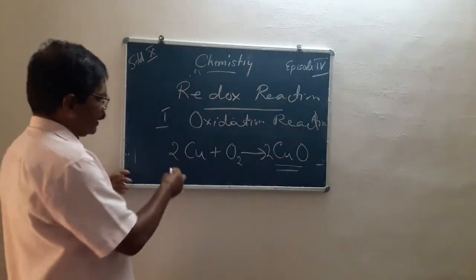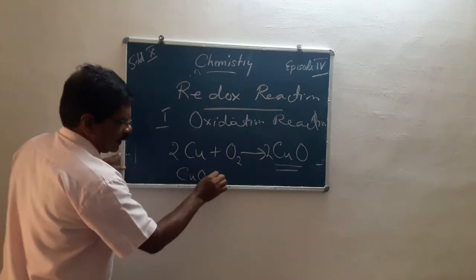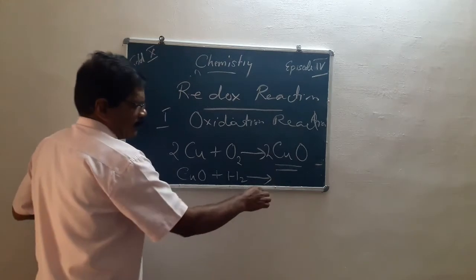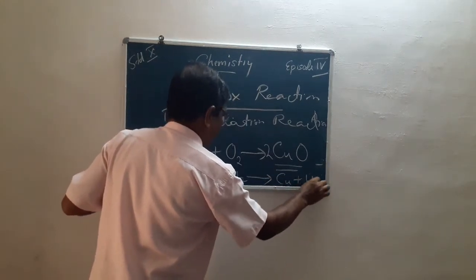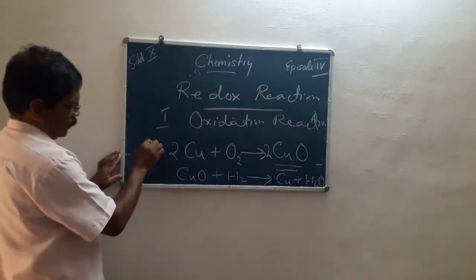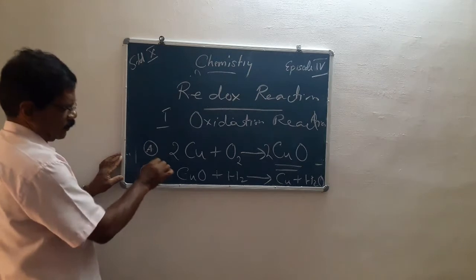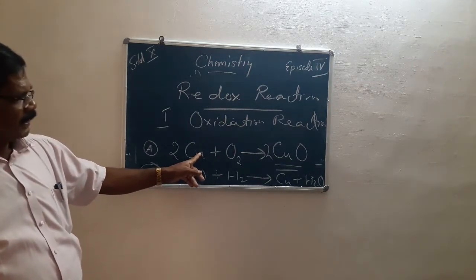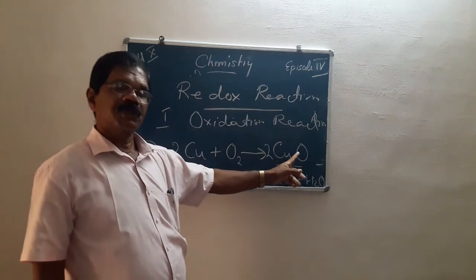Then there is another reaction. When hydrogen is passed through this copper oxide, it again yields the golden copper color. Please note these two reactions. When copper is heated in air, it combines with oxygen to form copper oxide.